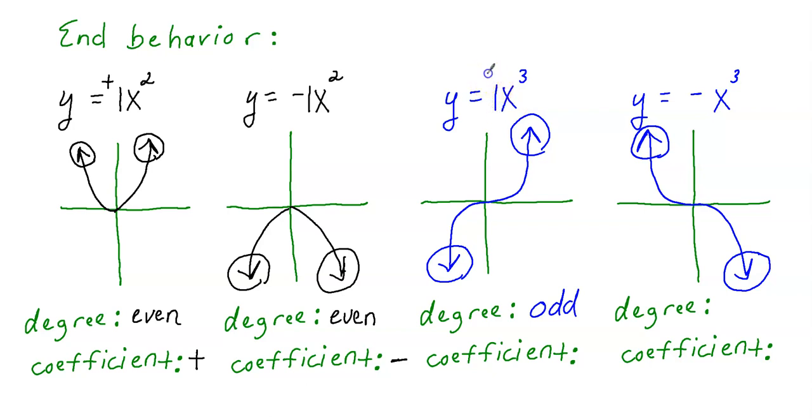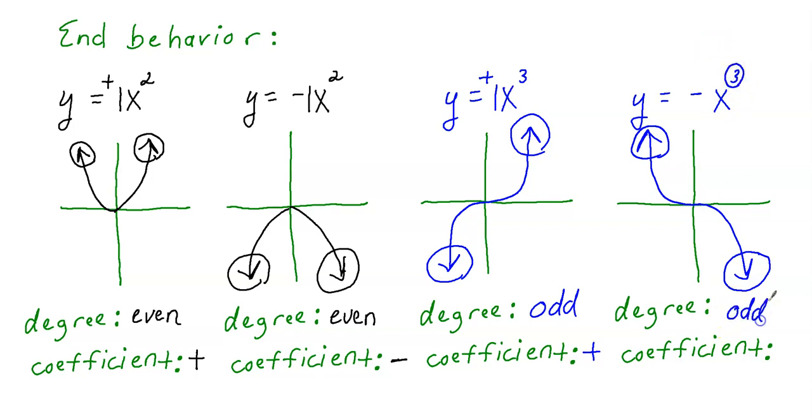I'm going to put it in there, and it has to be positive because there's no sign. So the leading coefficient has a sign that is positive. So when it's an odd degreed polynomial and the leading coefficient is positive, the end behaviors look like this and this. And here, again, it's an odd degree because this is 3.